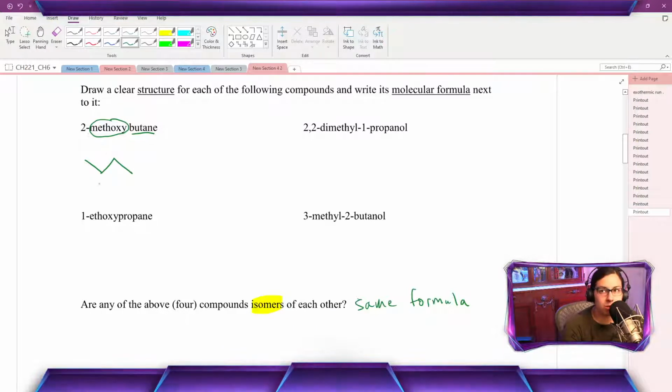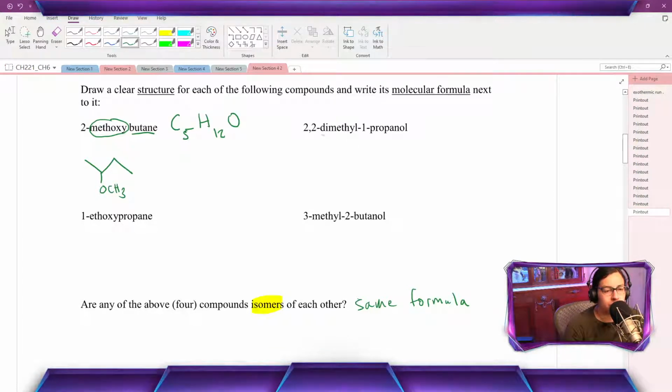For 2-methoxybutane, that's going to be an OCH3 for methoxy. Let's write the formula. C5, H, 1, 2, 3, 4, 5, 6, 7, 8, 9, 10, 11, 12, and then O.